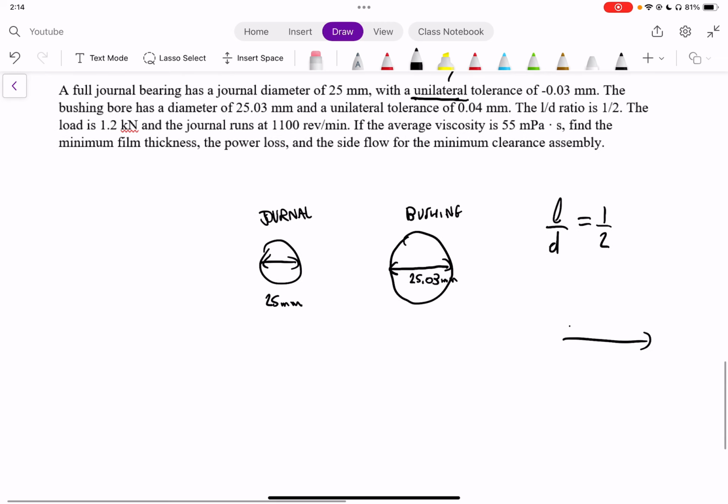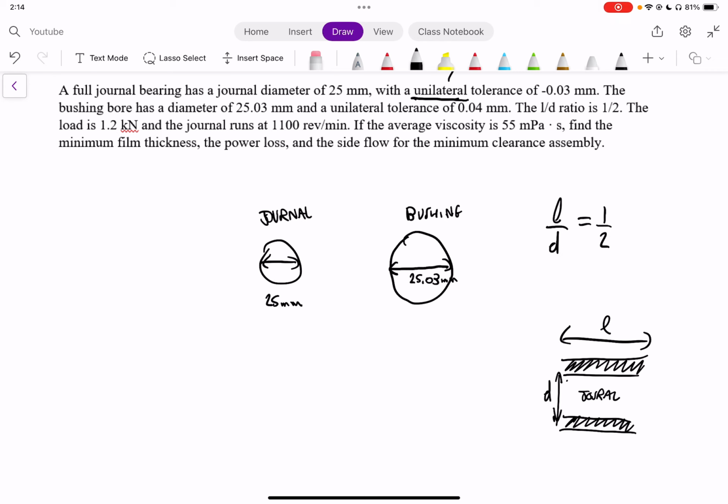So the length is essentially when you have your bearing like this, with a journal and a bushing. Let's say this is the part where you have your fluid, this is your journal, and your bushing is on the outside. Then your length is this, and your diameter would be the diameter of your journal.